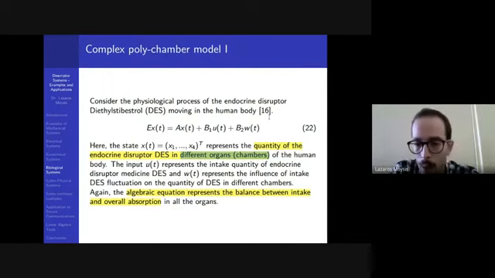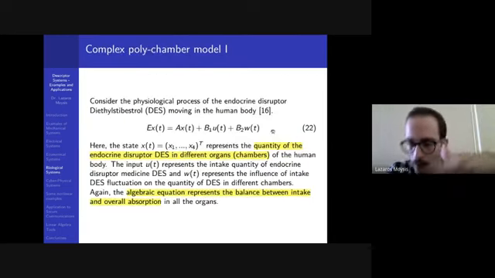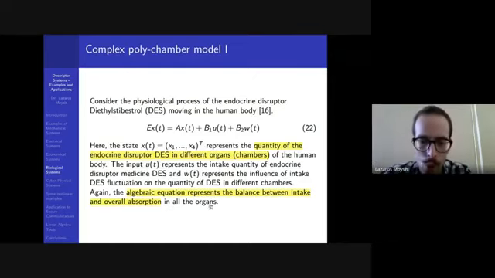For example, here we may have the distribution of some medicine to, for example, the kidneys and the liver. So these can be the different sub-models of the system. And the algebraic equation, again, may represent the balance between intake and overall absorption.